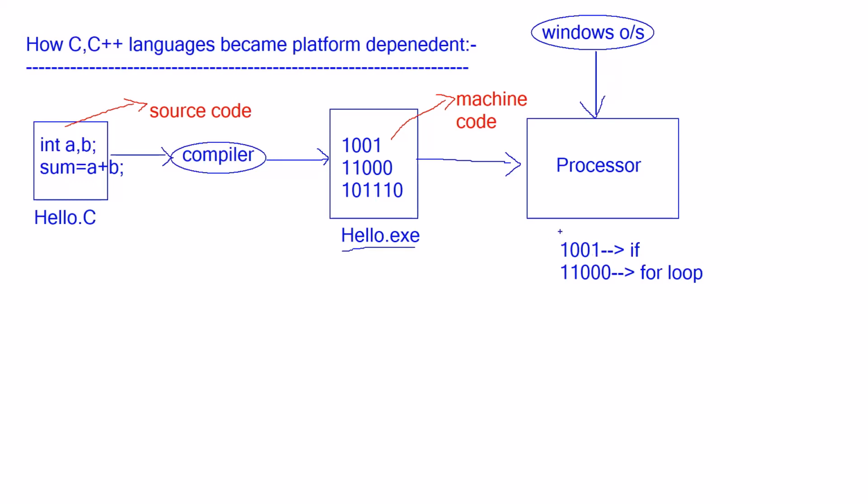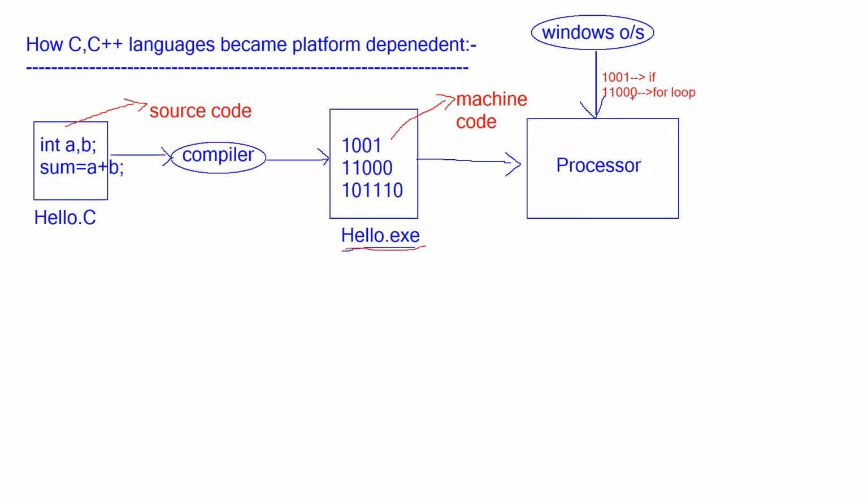So the Windows operating system is giving instructions to the processor: if you find 1001, execute it as an if statement; if you find 11000, execute it as a for loop. Like that, this Windows operating system is giving instructions to this processor to run the hello.exe file.